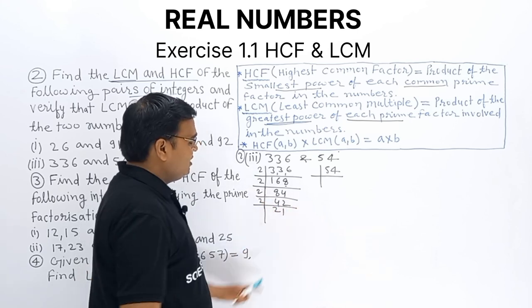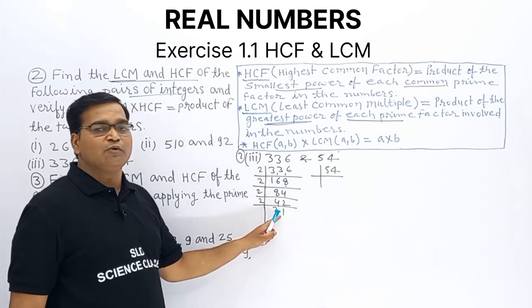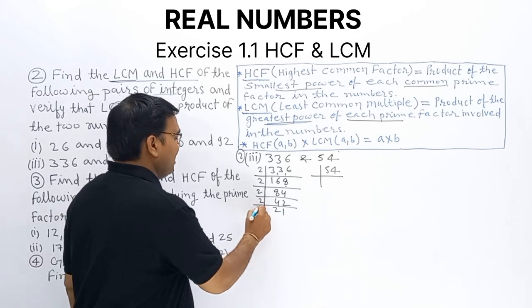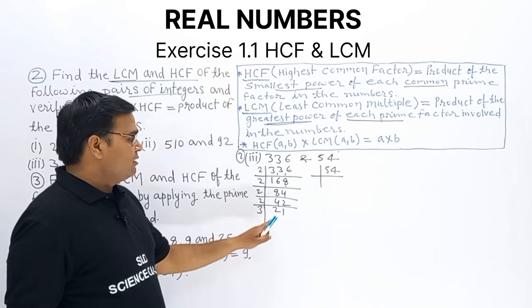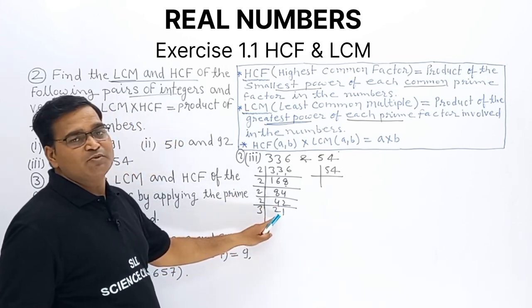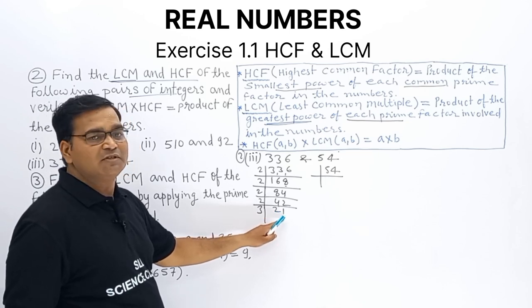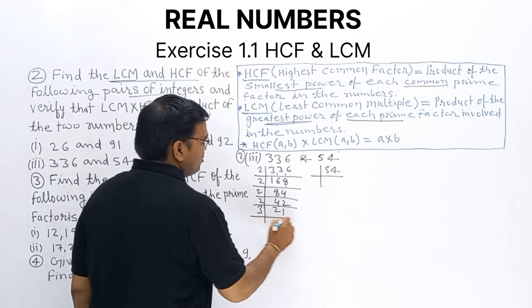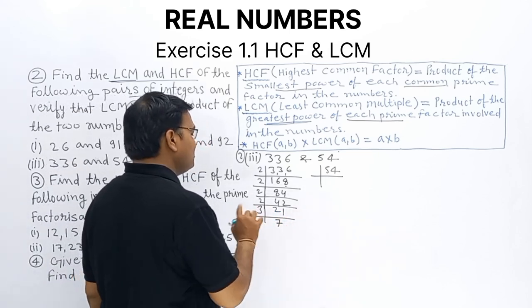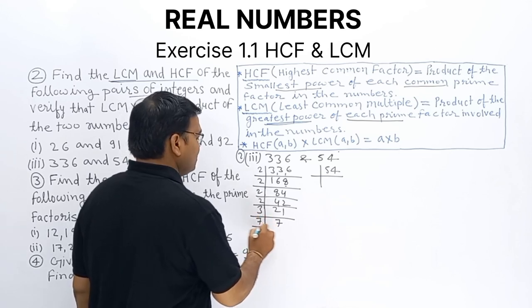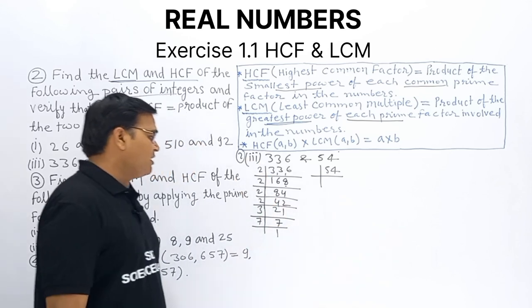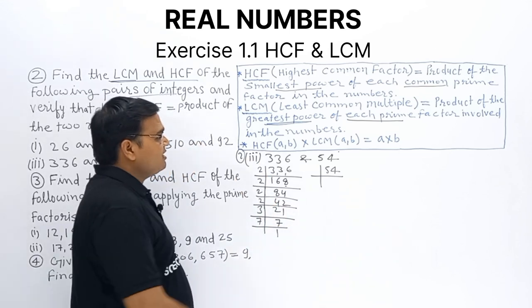Now it cannot be divided by 2, so we will use the next prime number 3. For divisibility by 3, the sum of the digits must be a multiple of 3. Now 2 plus 1 is 3, and 3 is a multiple of 3. So 7 threes are 21. Now 7 is a prime number, so it goes into itself one time. Take this one.